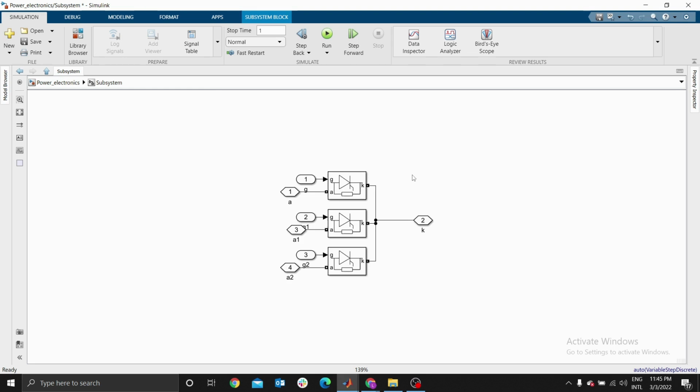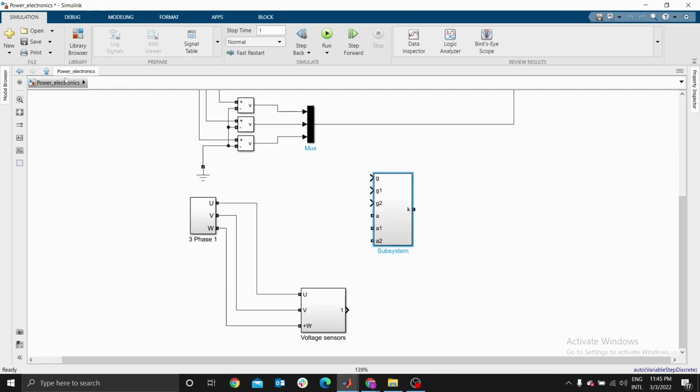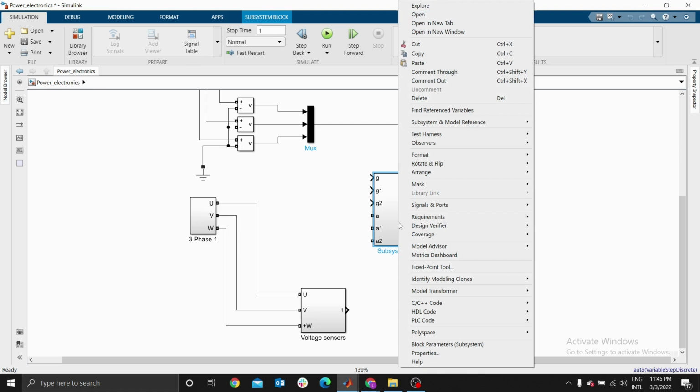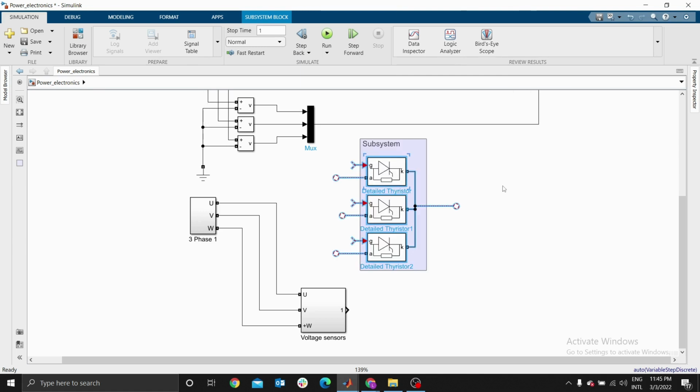Okay, that's how you can form a subsystem. But now I don't need a subsystem. If you don't need a subsystem, how do you collapse? Just right click on the subsystem, go to subsystem here, you expand, then select this one, delete it. That's how you form subsystems and expand them.